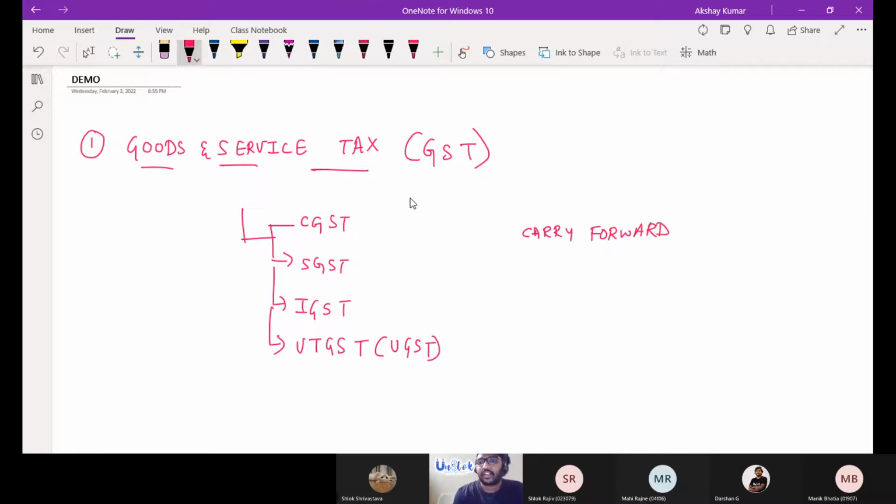For example, if I give you 10,000, can anybody tell me what is 10% of 10,000? 90 by 100 into 10,000. Why 90 by 100? No, sorry, 1,000. 90 by 100 would be if you want to decrease it.